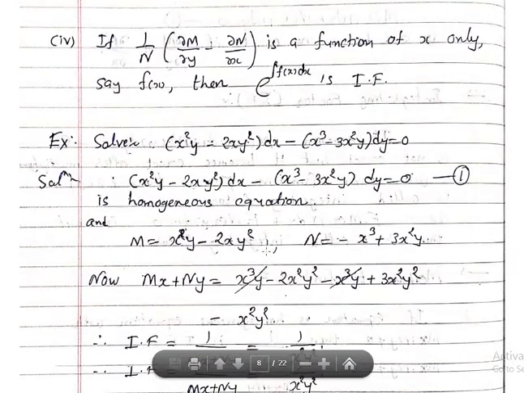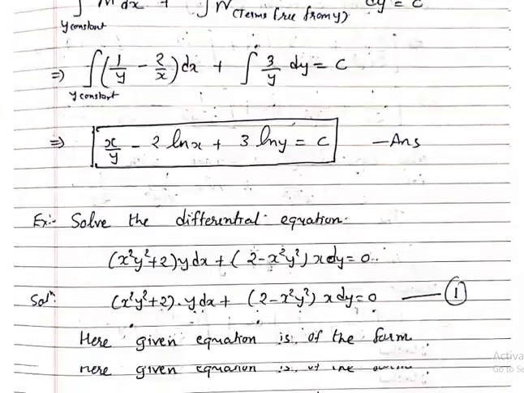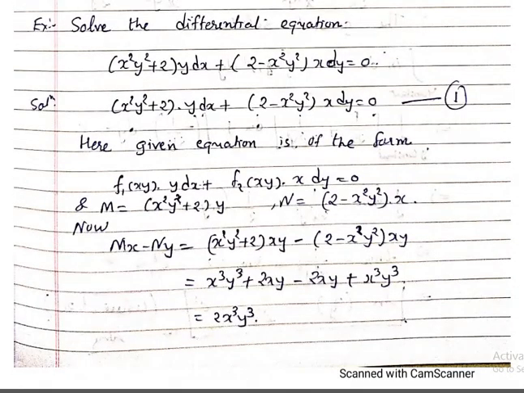And this example we solved last time for the homogeneous one. Today we are starting with a case to solve the differential equation (x square y square plus 2) into y dx plus (2 minus x square y square) into x dy.